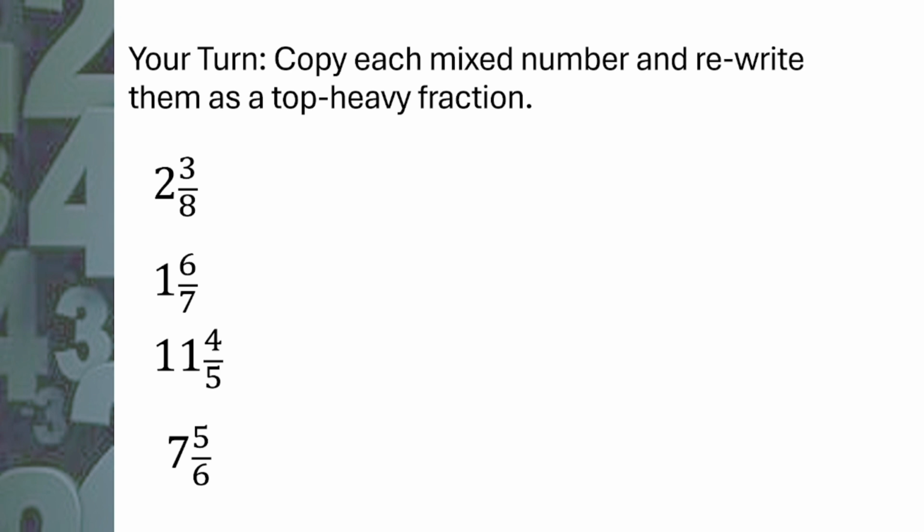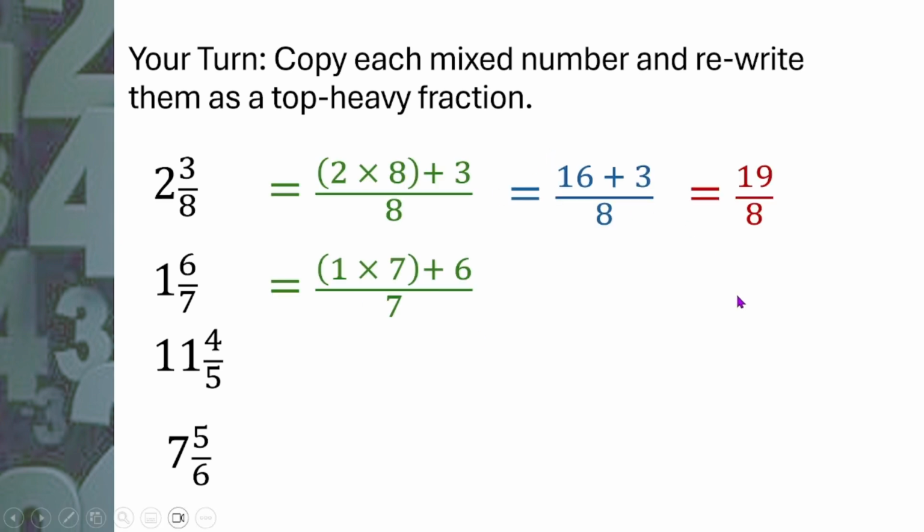Question 1, 2 3/8. 2 times 8 is 16. 16 plus the 3 on top is 19. So we should have 19/8. Question 2. 1 6/7. 1 times 7, and we add it to the 6 on top. 1 times 7 is 7. 7 plus the 6 is 13.